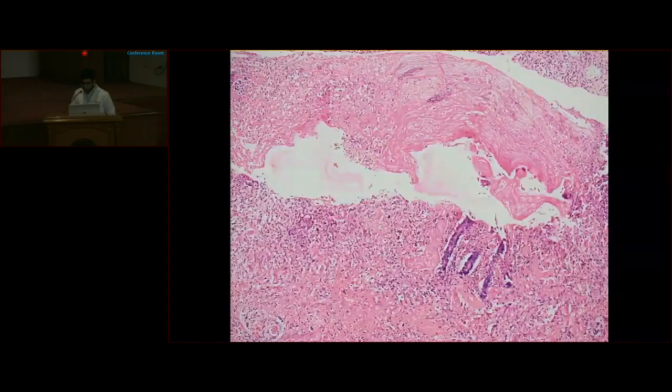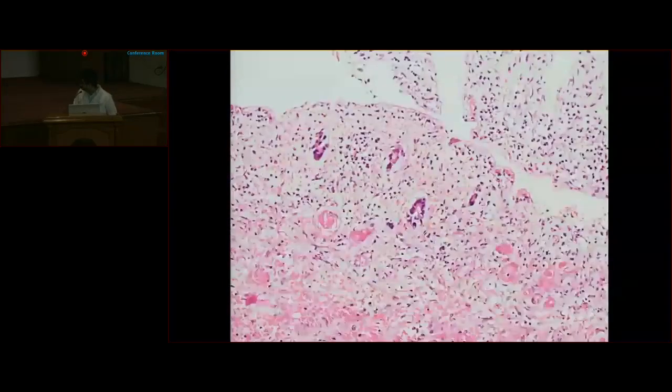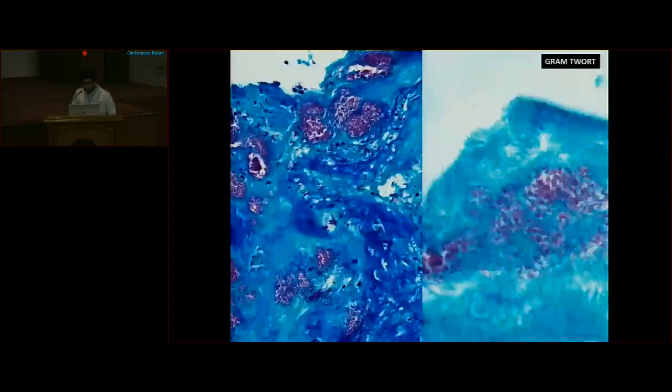The rest of the preserved mucosa showed denuded lining epithelium, this one, along with microthrombi within the submucosal capillaries. These are the microthrombi within the submucosal capillaries. The Gram stain performed highlighted these red-colored bacilli, their colonies, indicating a gram-negative bacillary infestation.